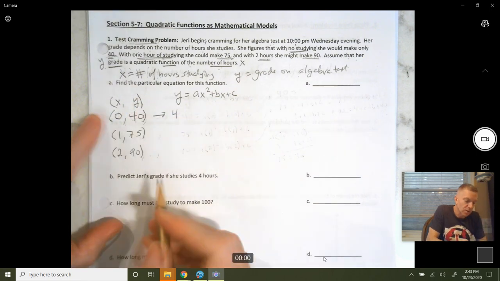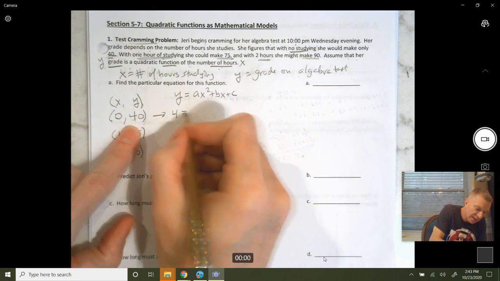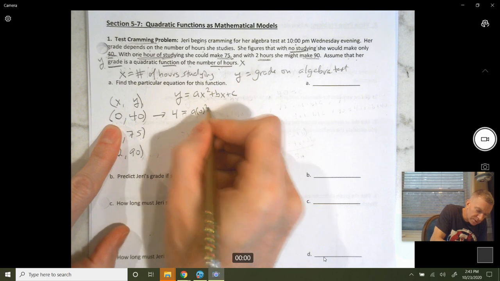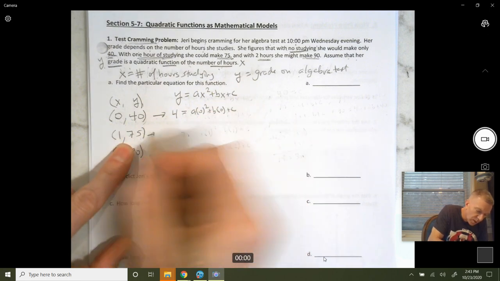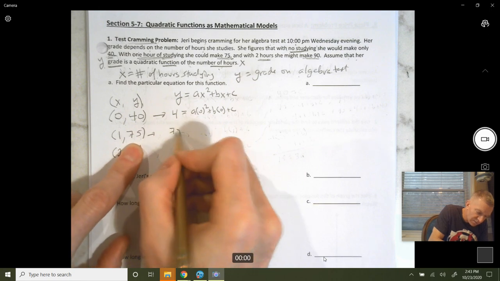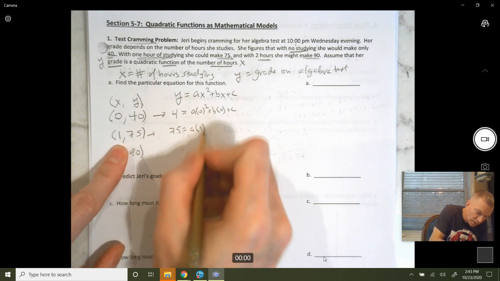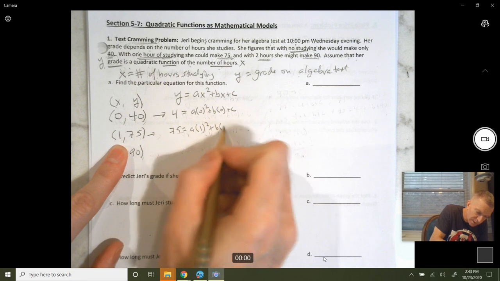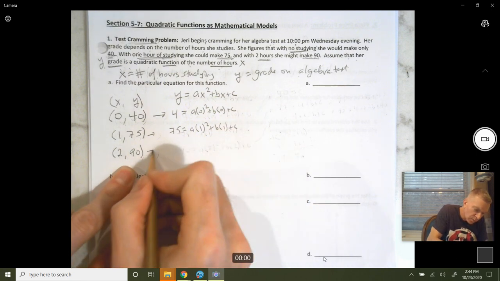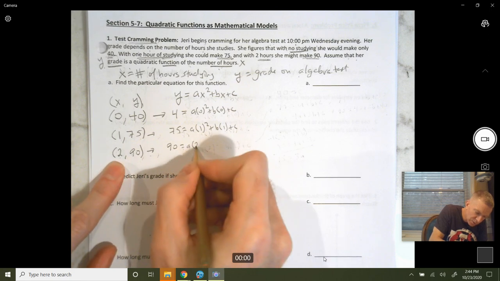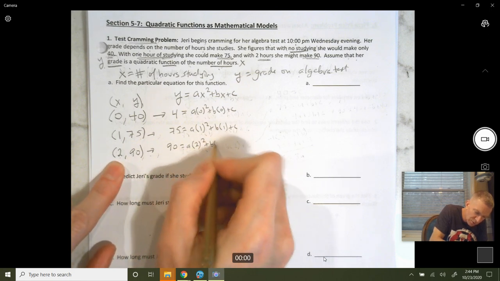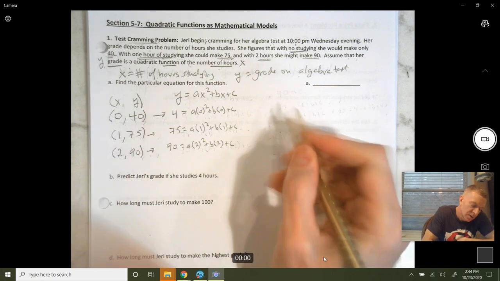In ordered pairs, always x comma y, equals a times 0 squared plus b times 0 plus c. This equation, the y value is 75. So 75 equals a times 1 squared plus b times 1 plus c. And here, the y value is 90. Equals a times 2 squared plus b times 2 plus c.